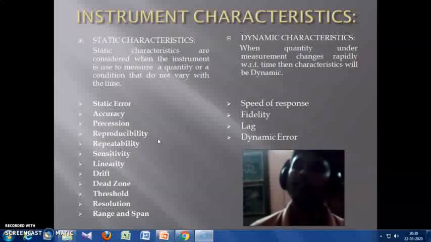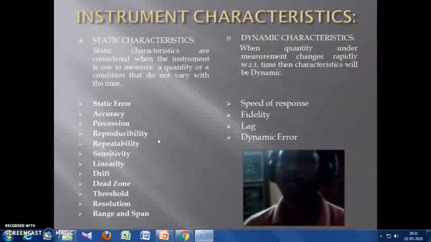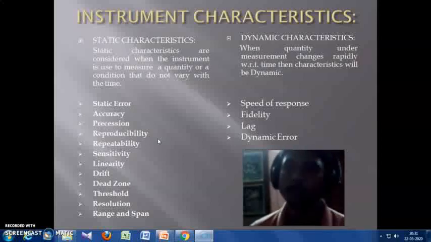Next, sensitivity. Instrument sensitivity should be high, and for linearity, we try to reduce non-linearity so that we can get a linear curve. And instruments should not have any drift, because due to some error or the age of the instrument we get some drift.